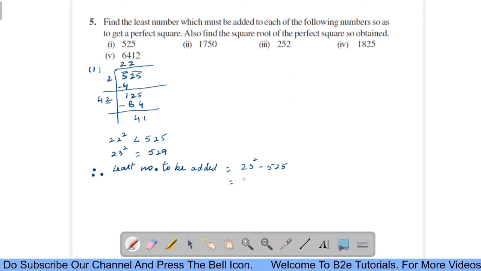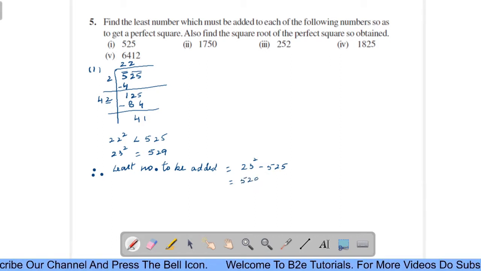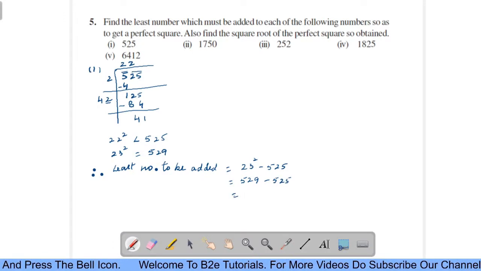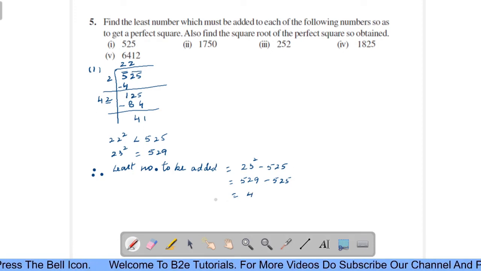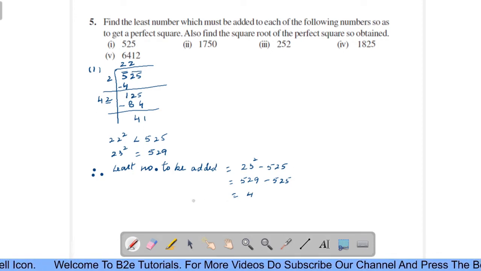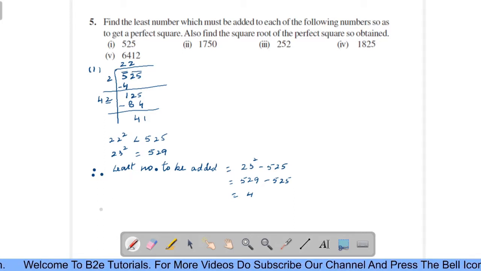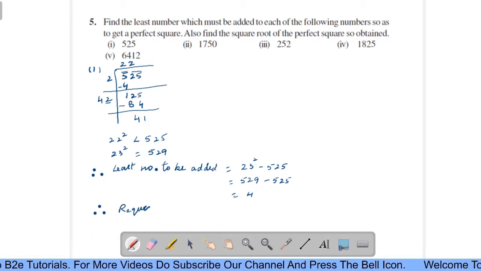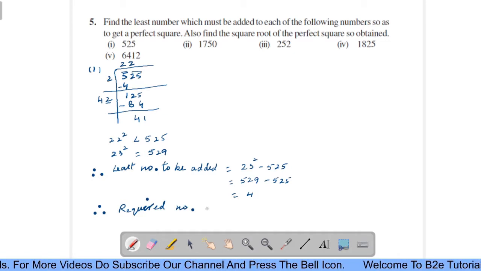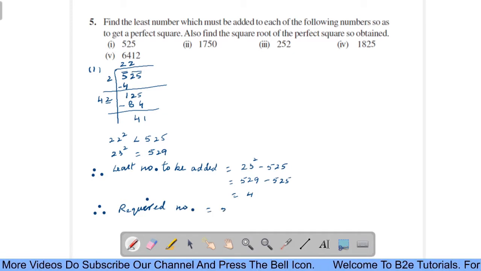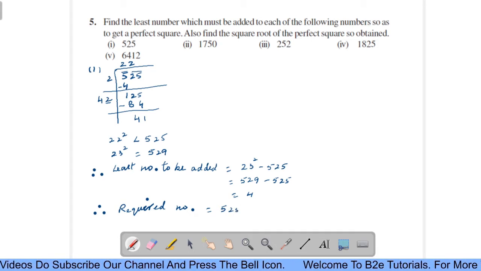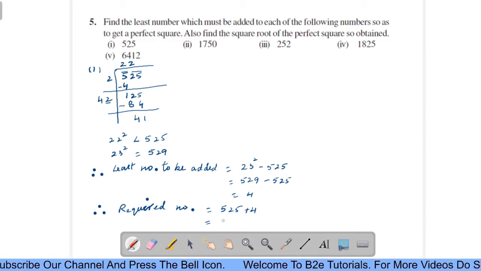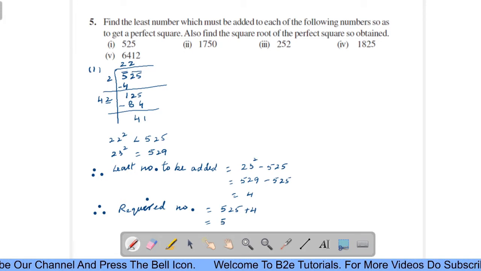That is, 23 square is 529, minus 525, equal to 4. Therefore, the required number is equal to 525 plus 4, that is 529.